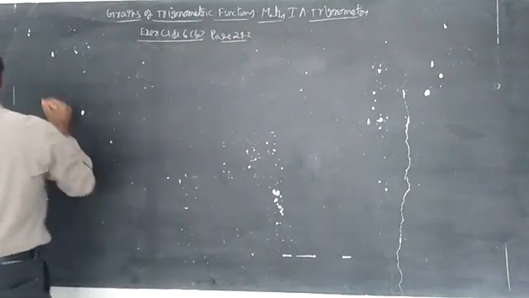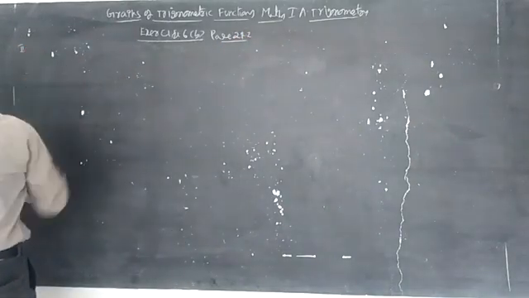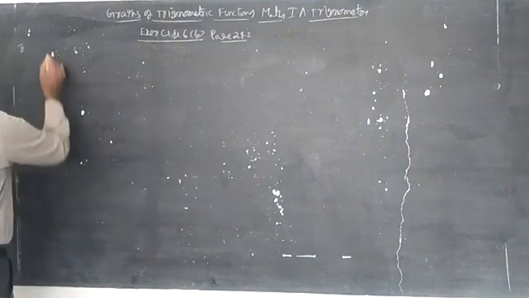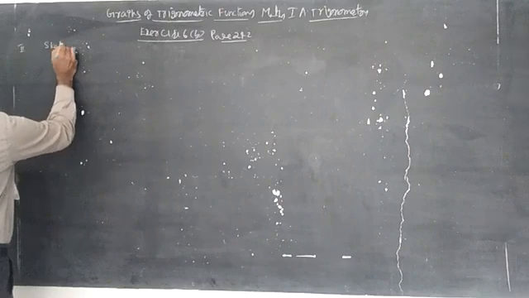Page 242, Roman number 2. Yesterday I said Roman number 1 sums are completed. Here, sketch the graph of the following. Sketch the graph.